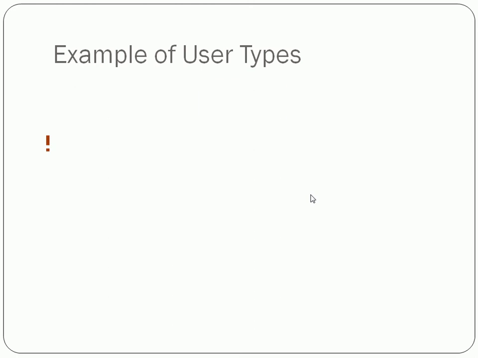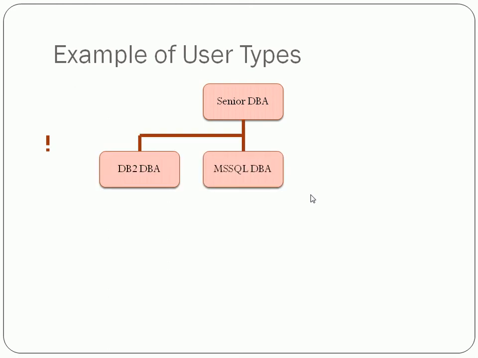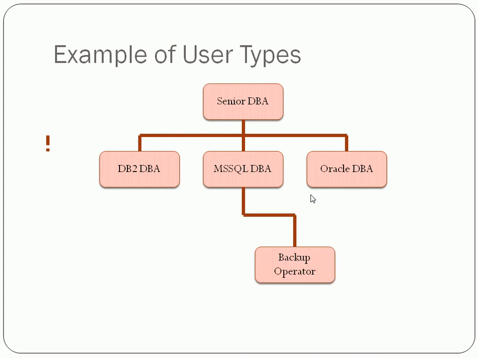Just to give you a real-world example, if you have, for example, a senior DBA, under a senior DBA, you might have a Microsoft SQL DBA, a DB2 DBA, an Oracle DBA, and then under the Microsoft SQL DBA, you might have a backup operator for SQL and a DBO group for SQL. So on the top, that middle tier, and then you would have the same types of offshoots from DB2 and Oracle. And now that I'm looking at this, it looks kind of like a stick figure, that drawing.